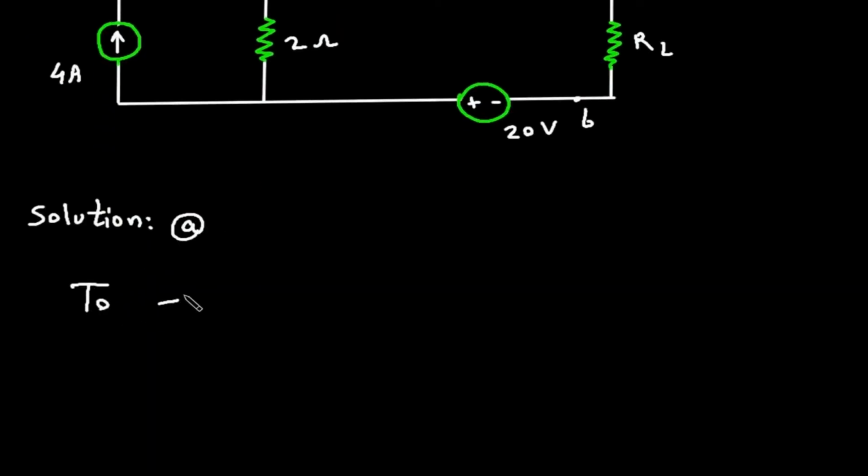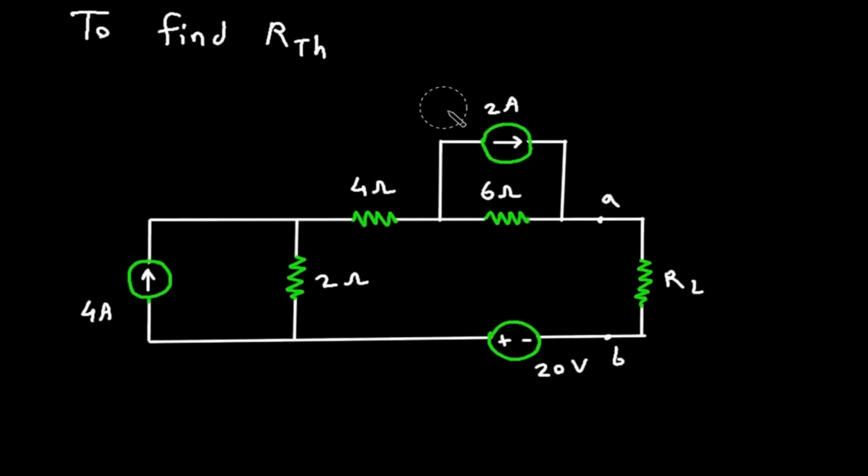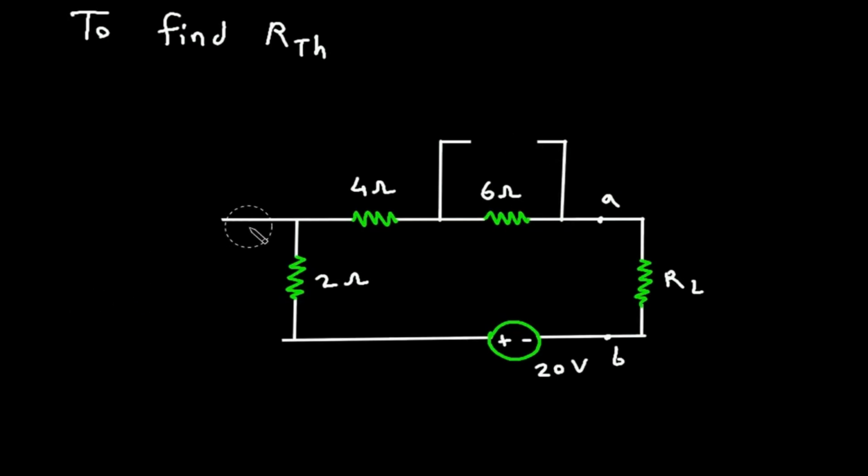So to find RTH, we will turn off all the independent sources. This is a current source, so this will be open circuited. This is also a current source, so this will be open circuited. This is a voltage source, so this will be short circuited.